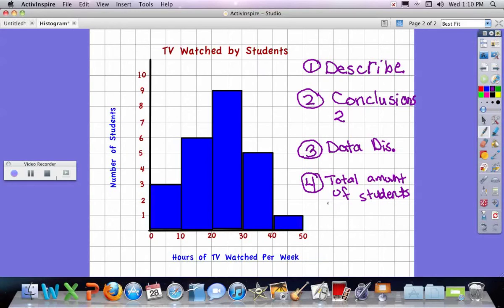So remember, if you look at the first bin, 0 to 10, only 3 students fit in that bin. So figure out how many students are in each bin and find the total.